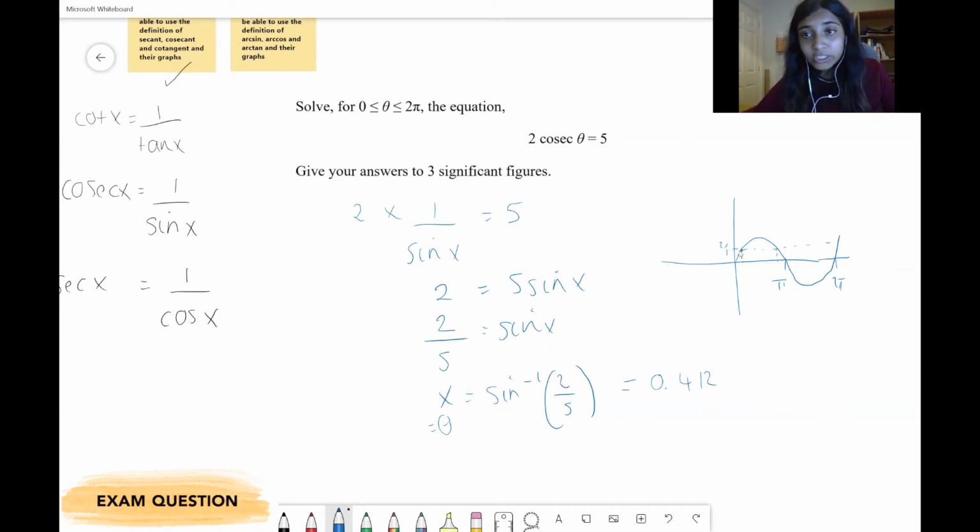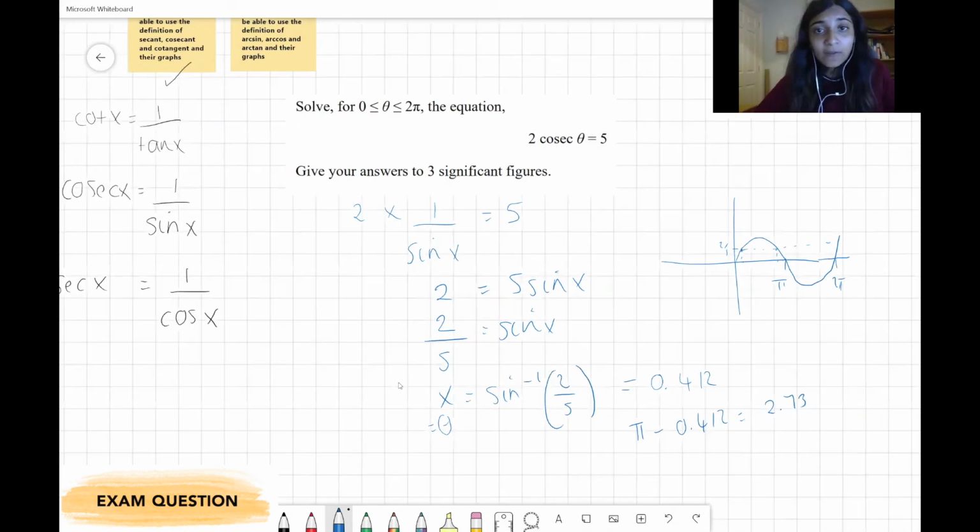So we've got one solution here, which is 0.412. And then to work out the last solution here, we just want to do pi minus 0.412, and that would be equal to 2.73. So that's your answer to this question.